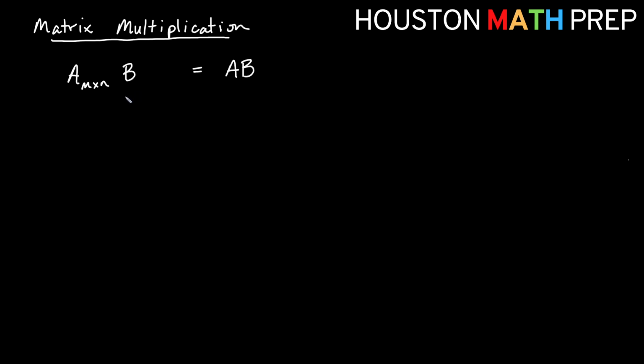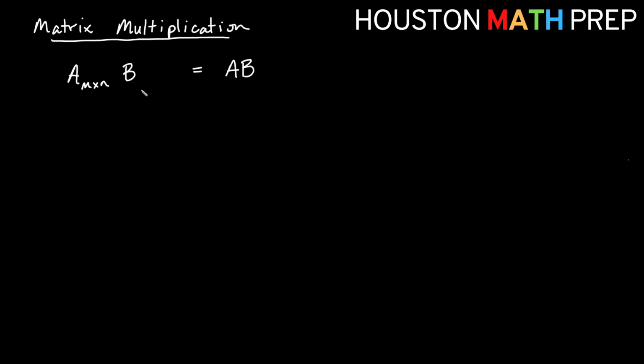So in A, we have m rows, but each row has n entries in it. So to do a dot product, if there's n entries in each row here, we need n entries in the columns of B for that to work.